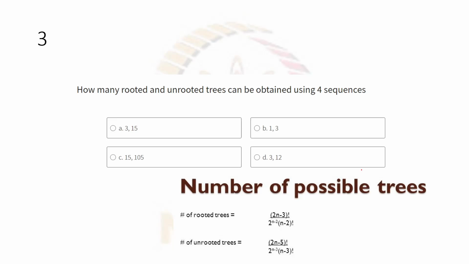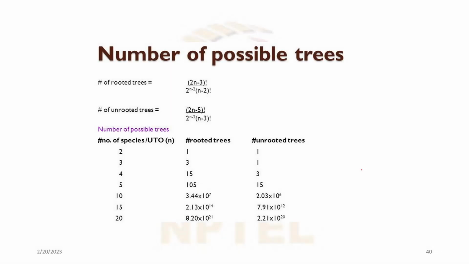Yes, option A is correct. I think it should be 15, 3. So this is the formula, and for a given n value, these are the possible numbers of rooted trees and unrooted trees that we can get.